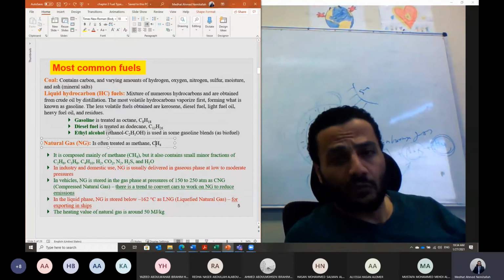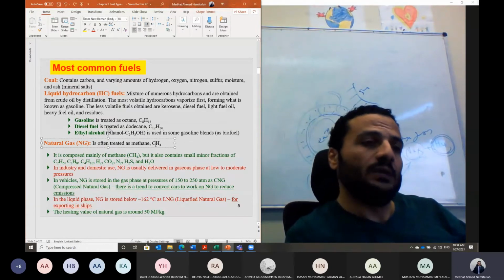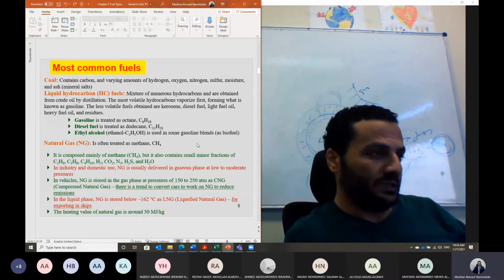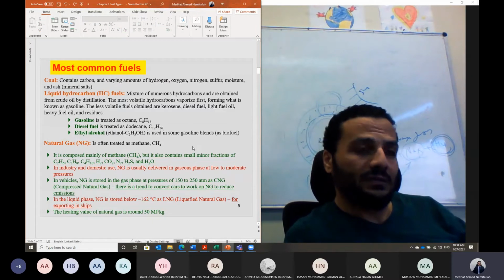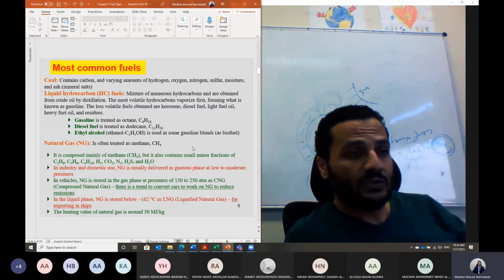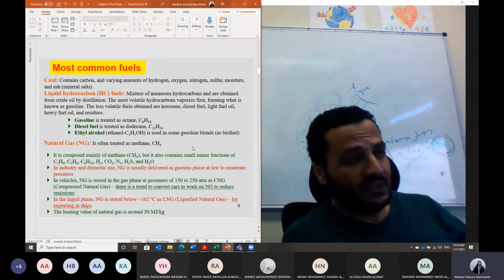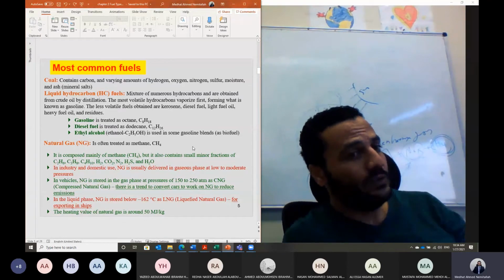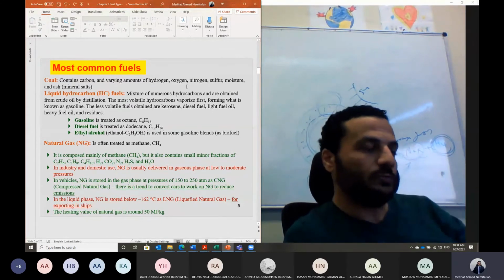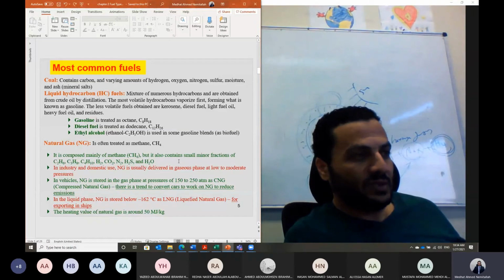We have only one carbon atom, so it will result in a lower amount of carbon dioxide. I expect natural gas to be the main contributor to electrical power production in the kingdom. Now it is 40%, but it will increase, maybe approaching 70% or so by 2040.